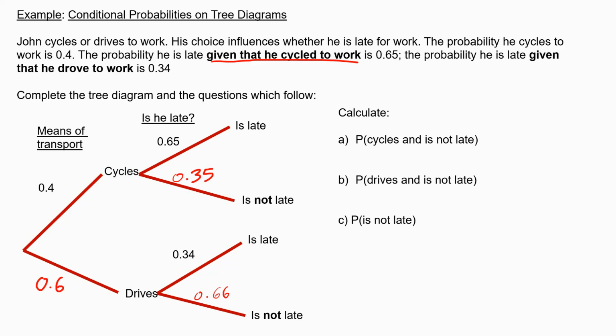To calculate the probability he cycles and is not late, I need to follow the branches, cycles, and then is not late. Remember, and means multiply, so I need to do 0.4 multiplied by 0.35, which is 0.14. The probability he drives and is not late is going to be 0.6 multiplied by 0.66.